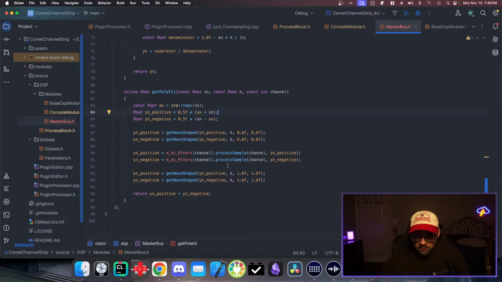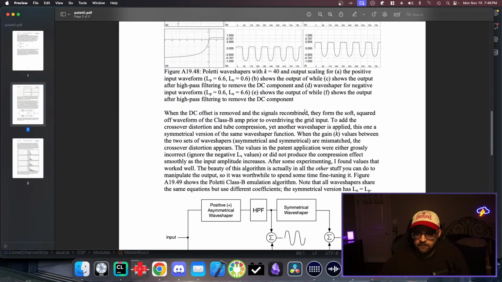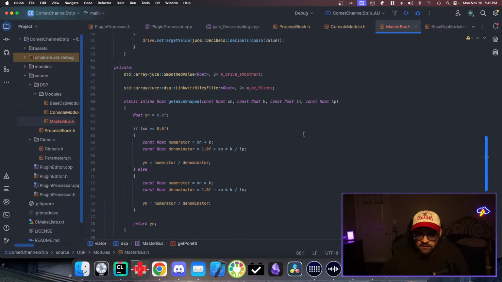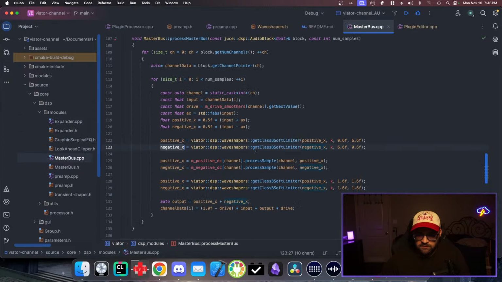So I wonder if I reversed my values here. So the positive asymmetrical one, let's just look at the paper one more time. The positive input, LP is 6.6. Which one is LP? The last one. Yeah, 6.6 and 0.6. And then the other one should be opposite.